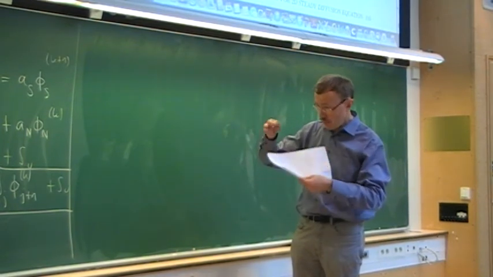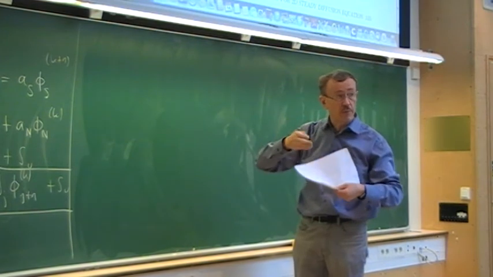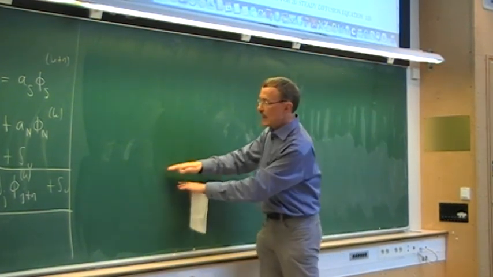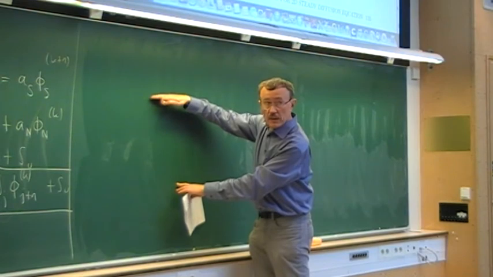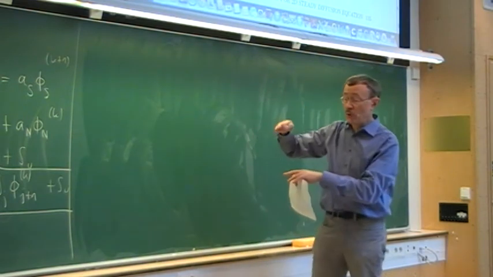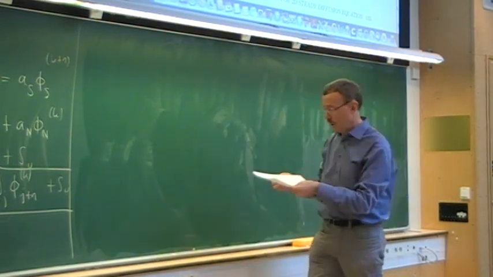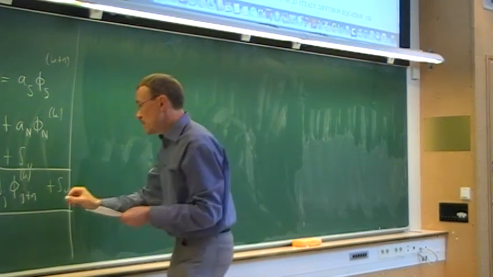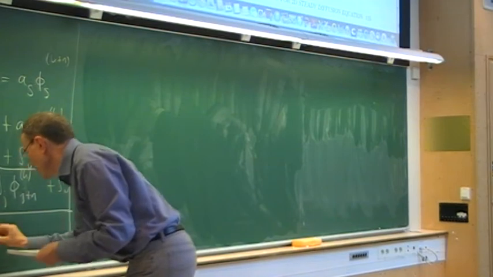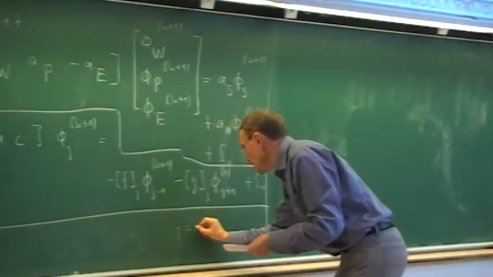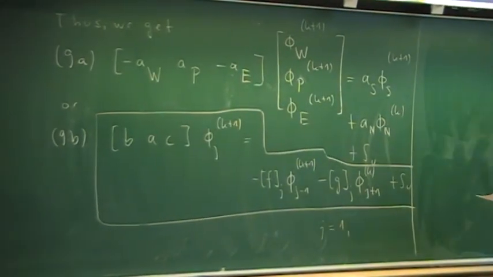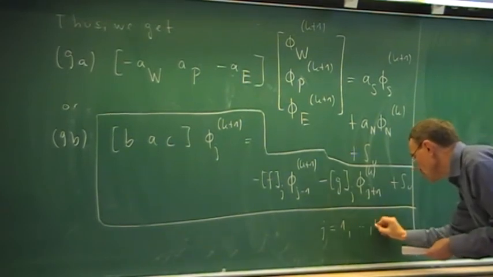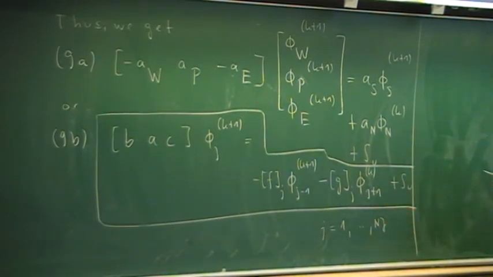So we have to call the Thomas algorithm as many times as we have nj nodes in the y direction. What I just said is important: we have to do this for all these rows, for j from 1 to nj.